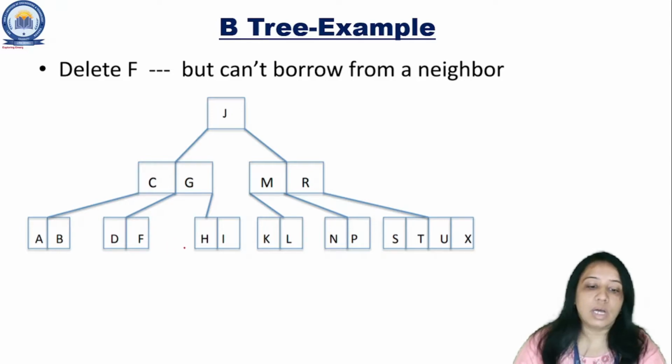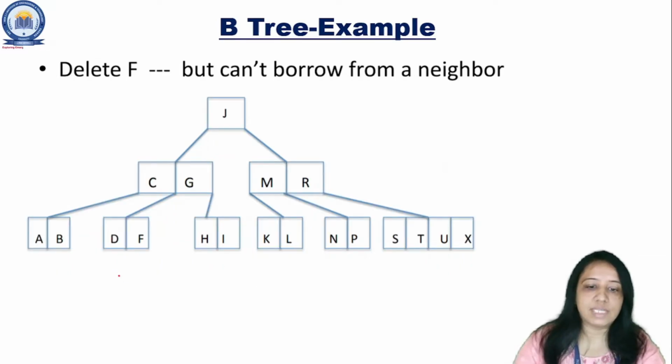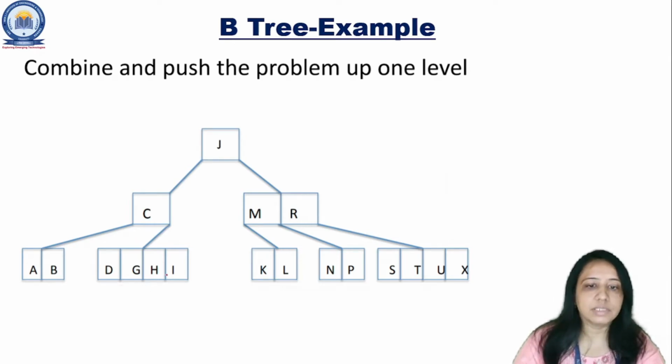If you delete the F, you combine the keys at the neighbor: D, and previously HI. That also has to be combined with the upper level, because you cannot write it in that way, so G also comes down. So D, G, H, I. We combine and push the problem one level up.